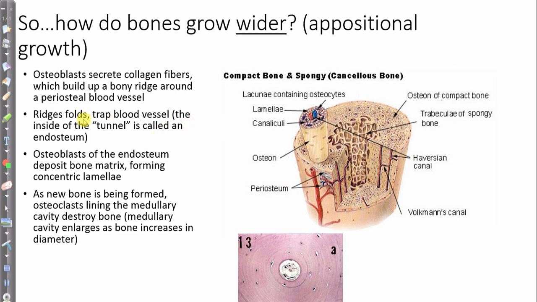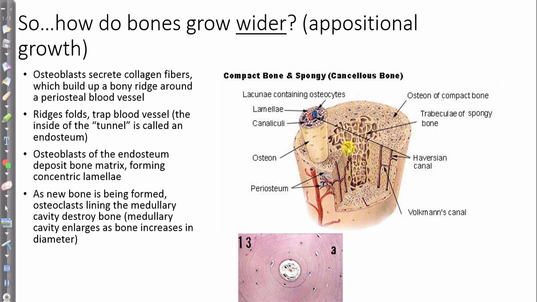So what essentially happens is ridges are going to fold and they're going to trap one of these periosteal blood vessels in a tunnel. The osteoblasts are going to start forming those concentric lamellae, those rings around the blood vessel, and then we're going to have a gradual decrease of bone tissue on the inside of the bone.